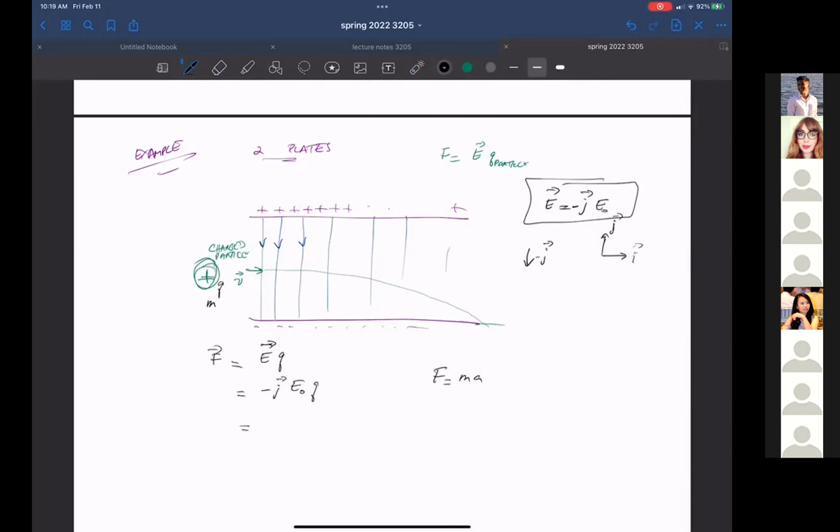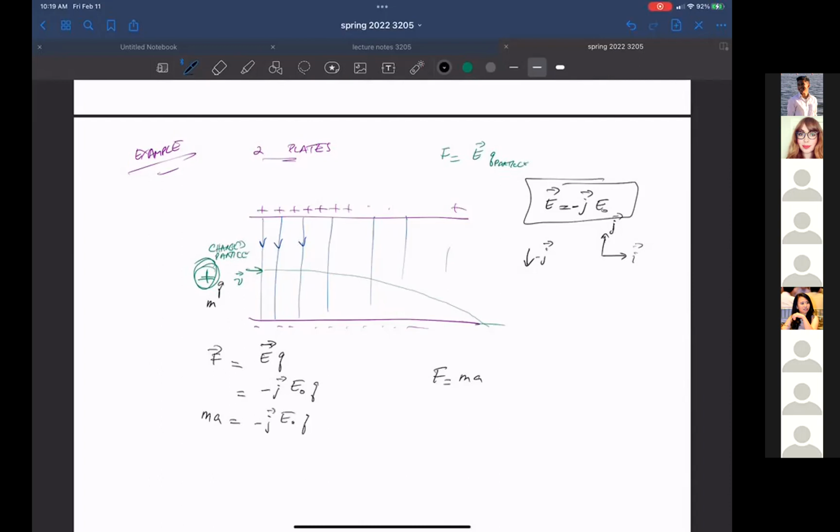So MA is minus J E0 Q. Remember, I'm trying to figure out accelerations and velocities and distances.